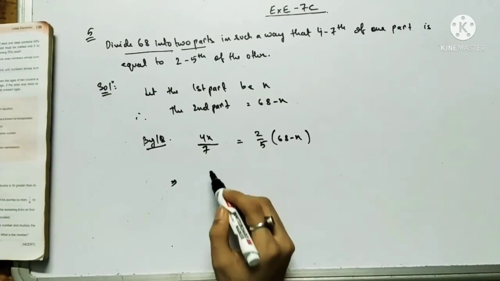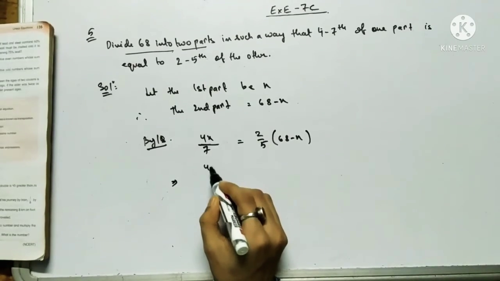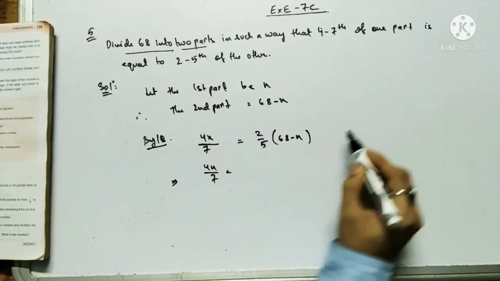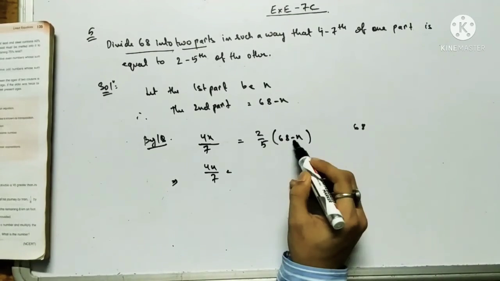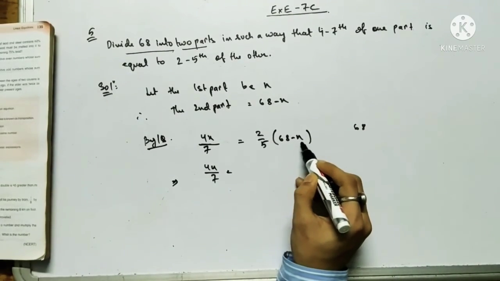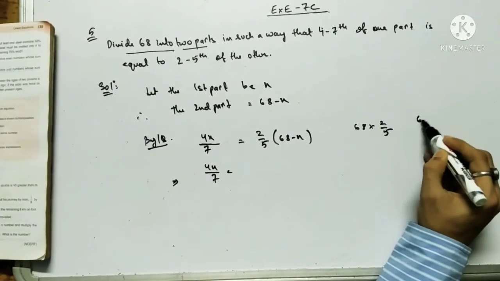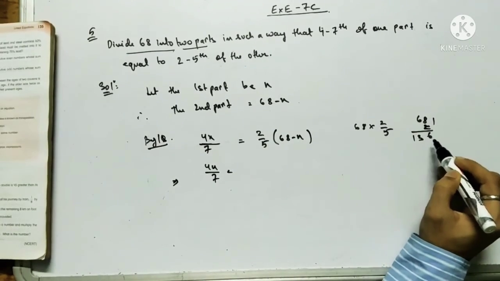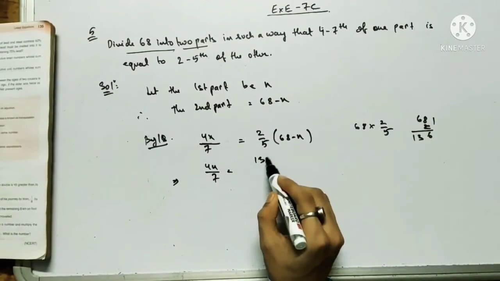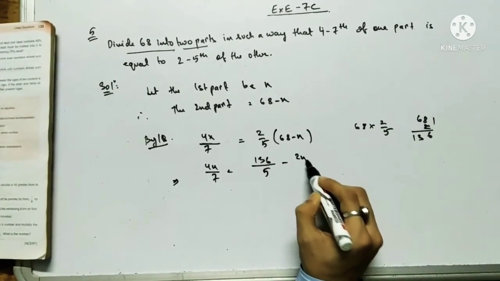So now I will multiply this. 4x by 7 is equal to 2 by 5 into 68 minus x. So 68 into 2 is 136, so I get 136 by 5 minus 2x by 5.